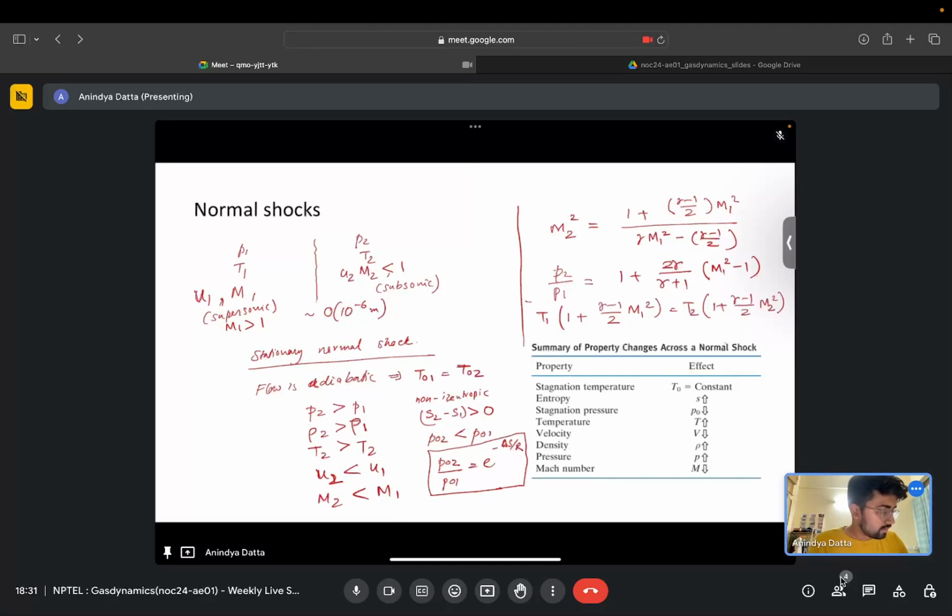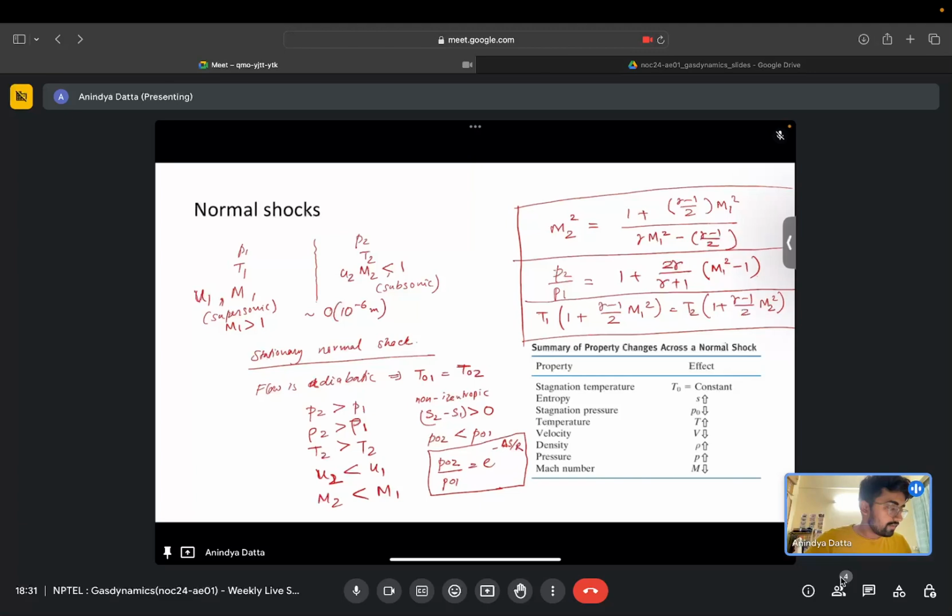So these are mainly three major expressions you might need to remember. Given M1, you can find M2 from the first, and the pressure ratio from the second. The last expression is equivalent to writing T01 equals T02, where T01 is the static temperature times 1 plus (gamma minus 1)/2 M1 square.